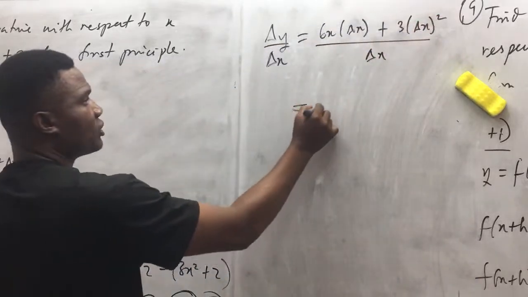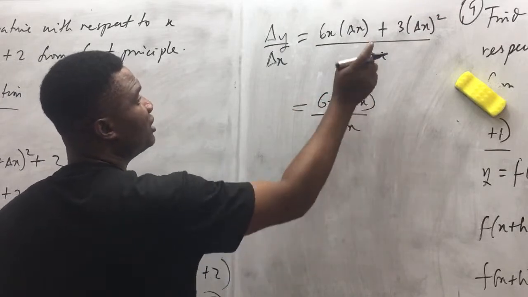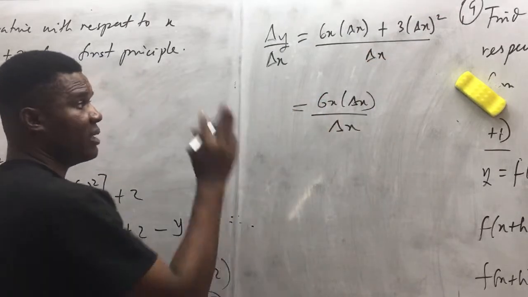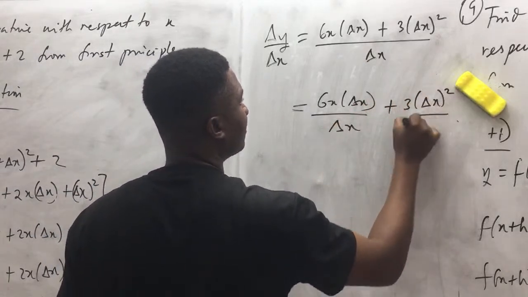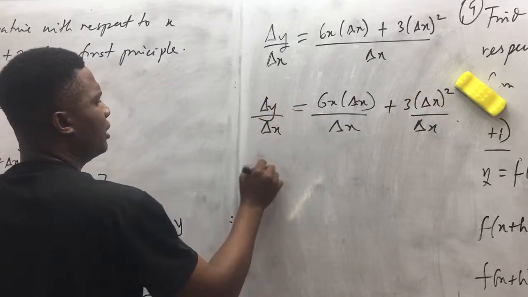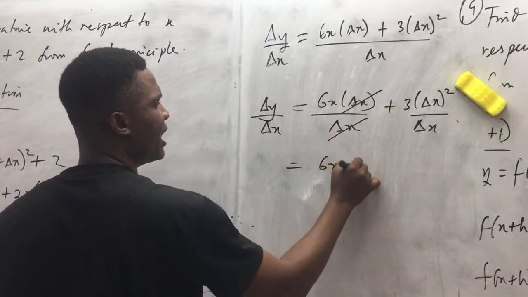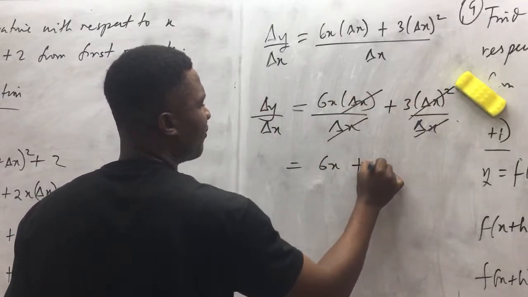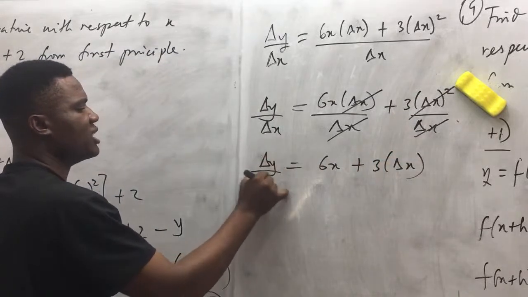Using the denominator to divide each term in the numerator, when this cancels you end up having 6x, and when this cancels you end up having 3 change in x. And that will give you change in y all over change in x.